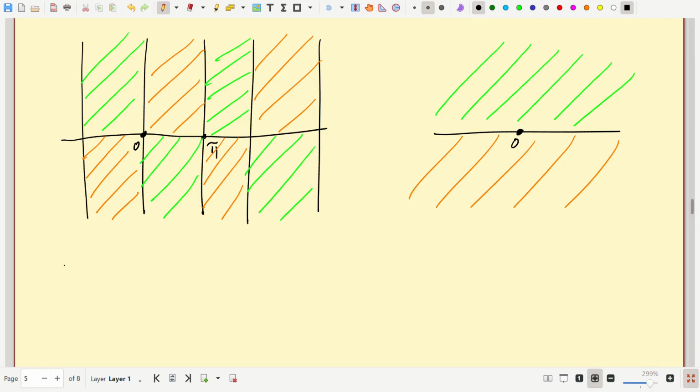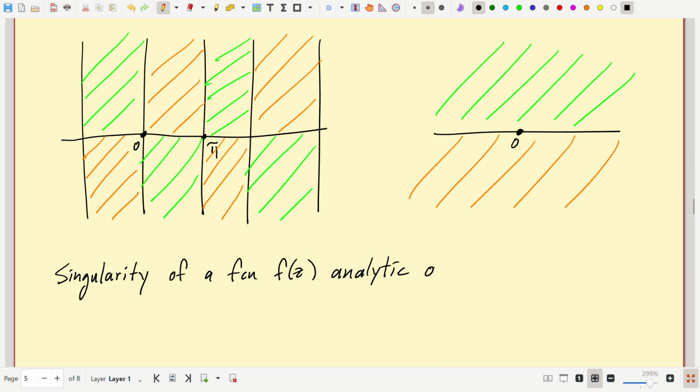the singularity of a function f of z which is analytic. You think about analytic on a neighborhood of infinity. I call that D epsilon about the point at infinity.